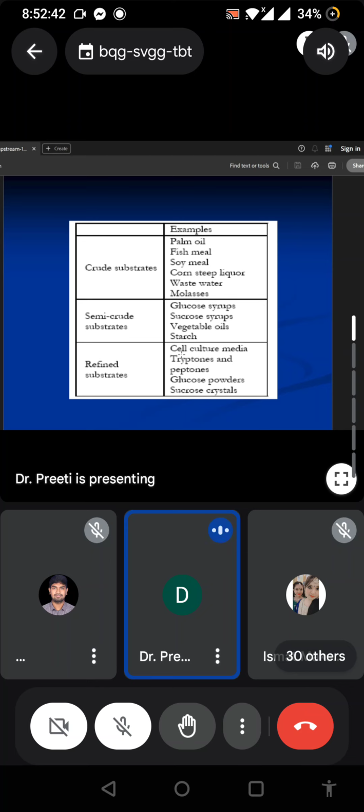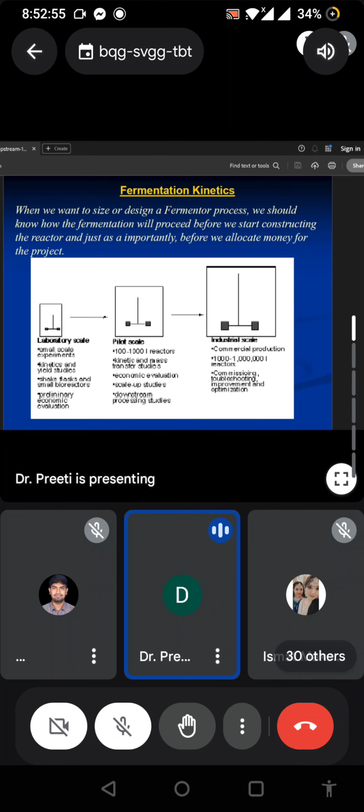They have specified cell culture media, tryptophan, peptone, glucose powder, sucrose, different types of things. So different types of media will be designed based on your requirement.